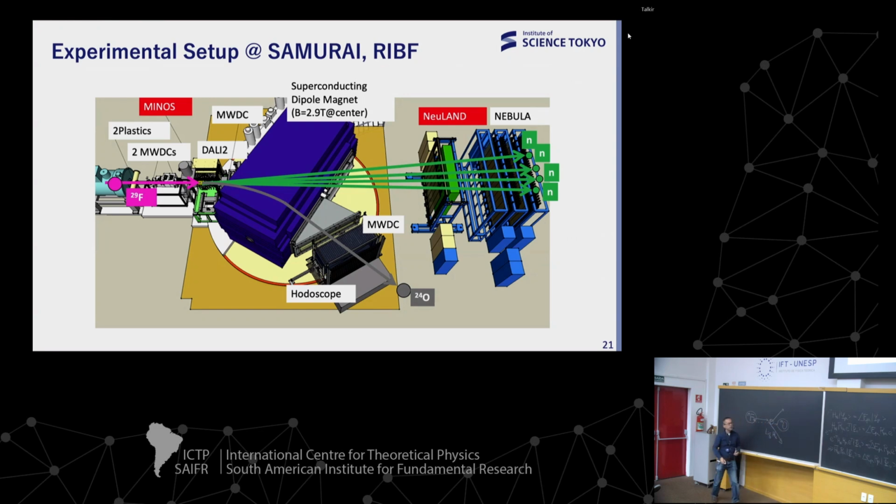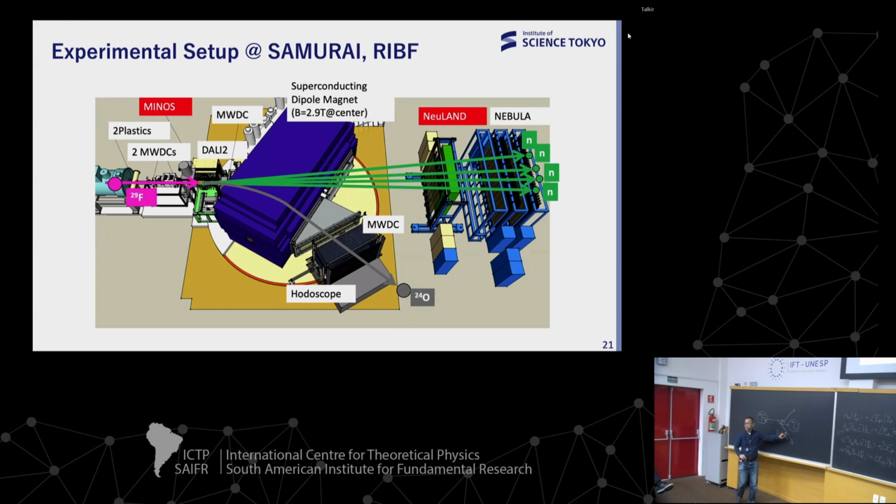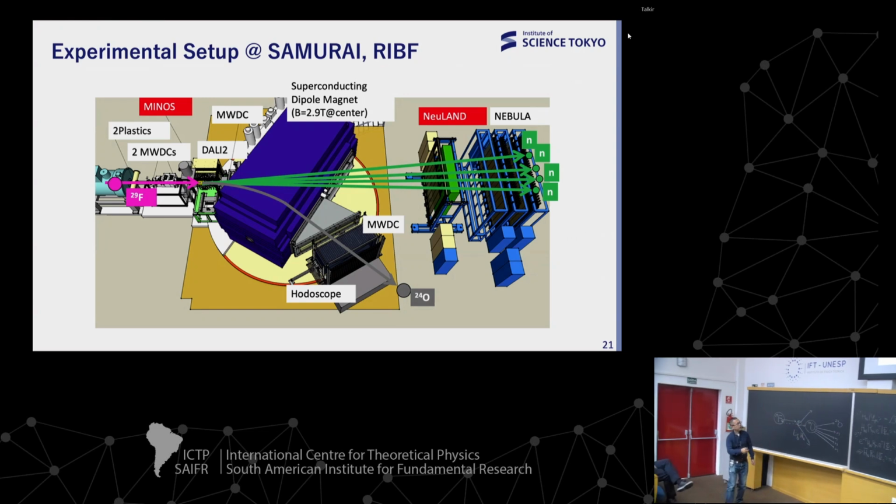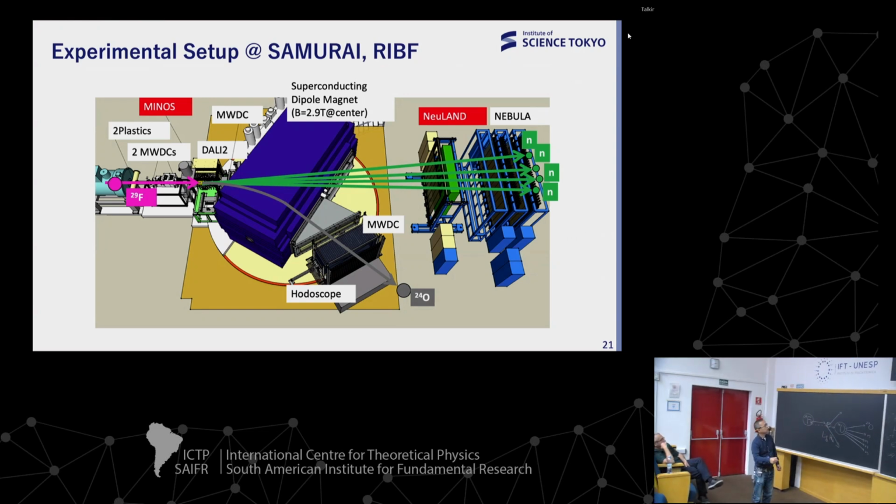And then this oxygen 28 is unbound, so it decays into oxygen 24 and 4 neutrons. Okay? So now what we measured is actually all these particles, all 5 particles are measured.